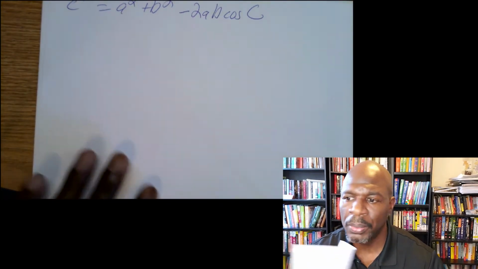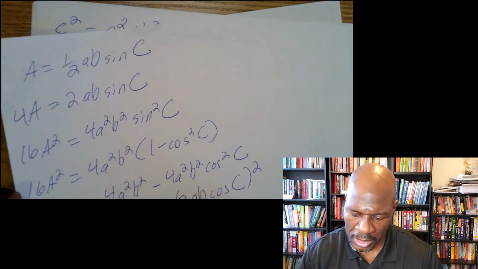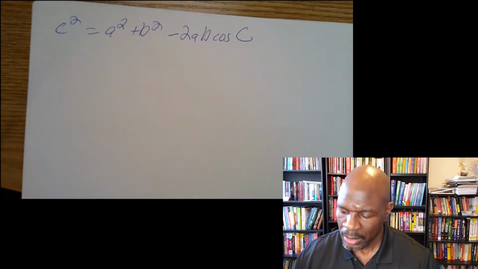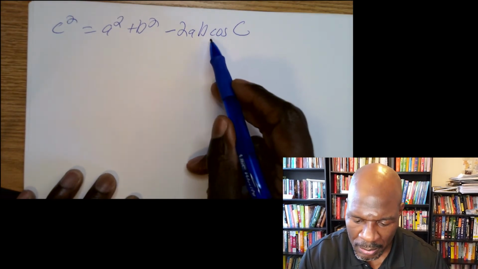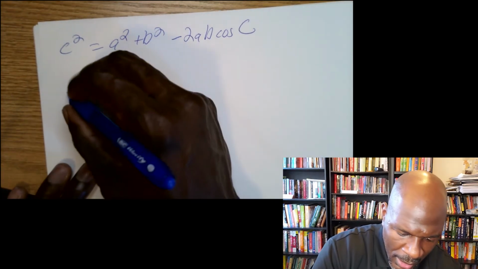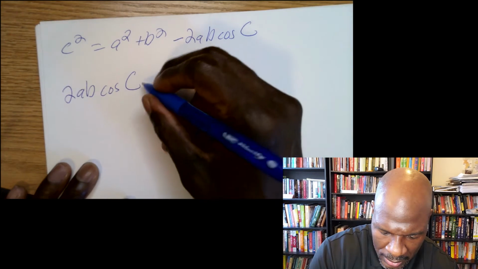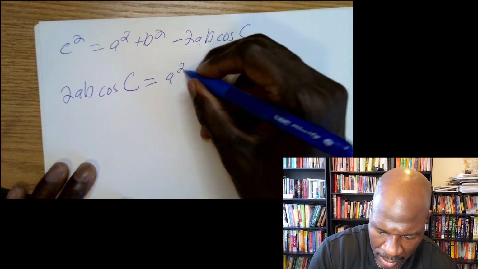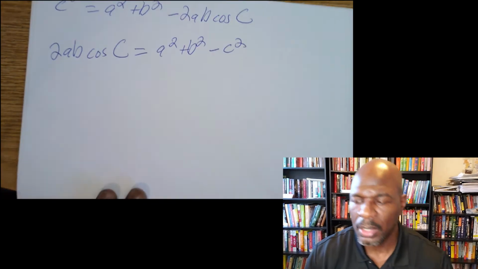And if you look at what we have here, we have 2ab cosine c. So if I solve this for 2ab cosine c, I'll move the 2ab cosine c over here, and so I have to move the c squared over there. I'll get that 2ab cosine c is a squared plus b squared minus c squared.